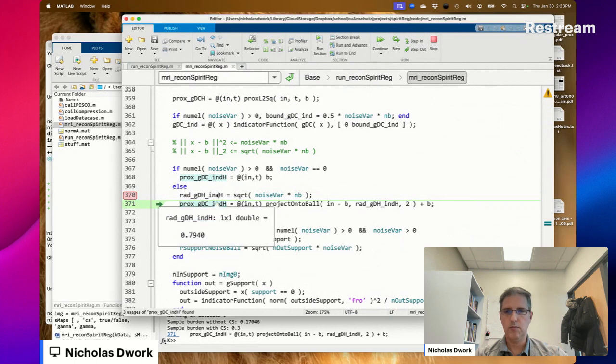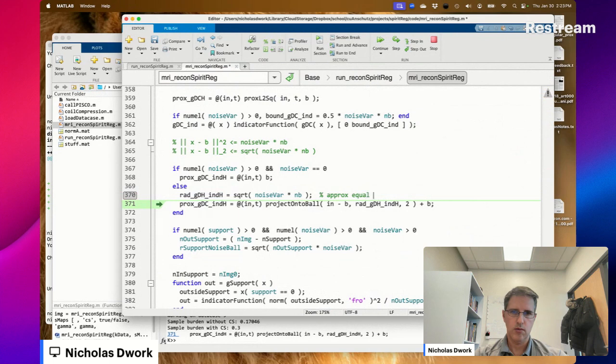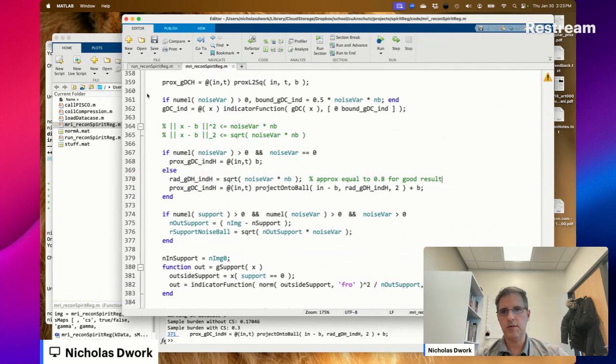What is this value? 0.8. I think this is going to give me a good result.